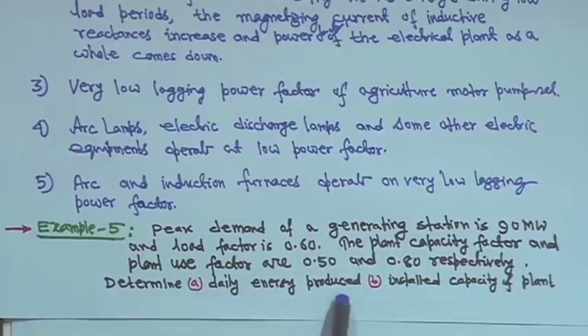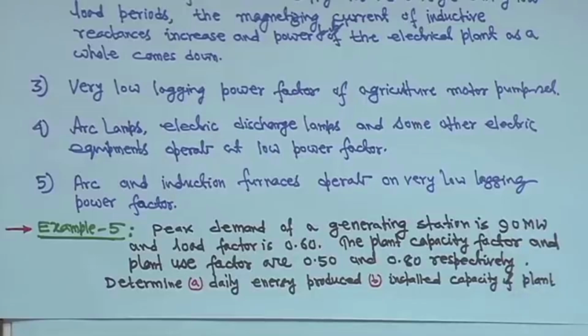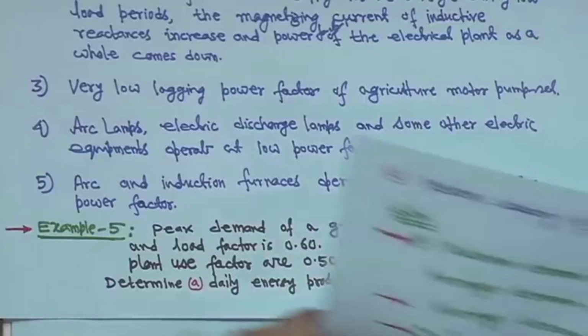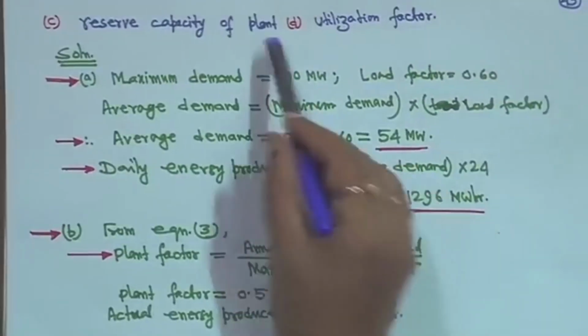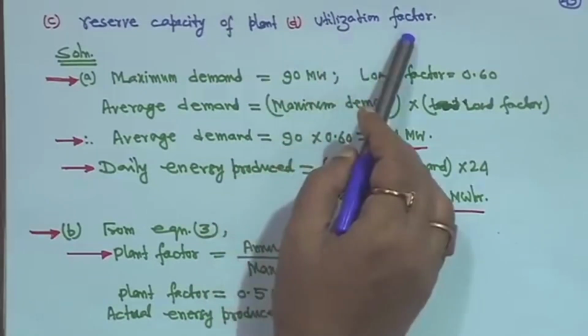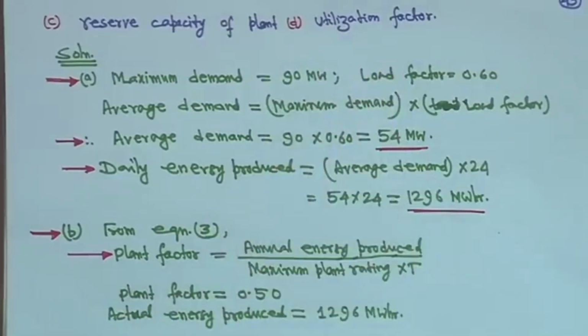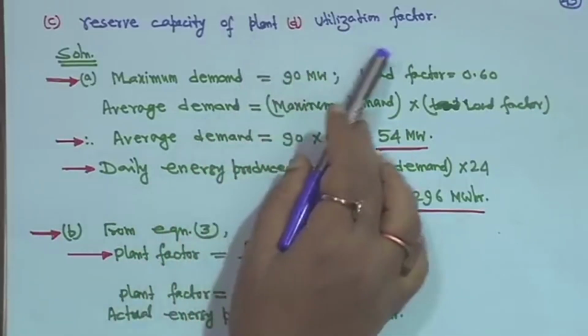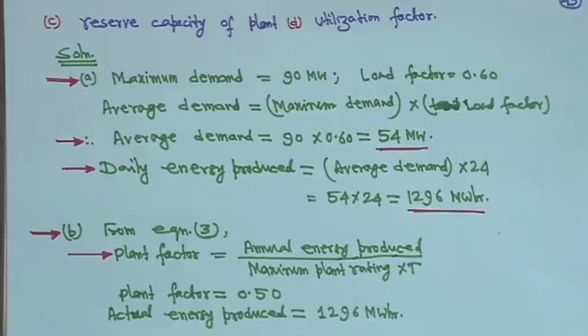Determine A, daily energy produced, B, installed capacity of plant, C, reserve capacity of plant, and D, utilization factor. These four things you have to obtain, right.